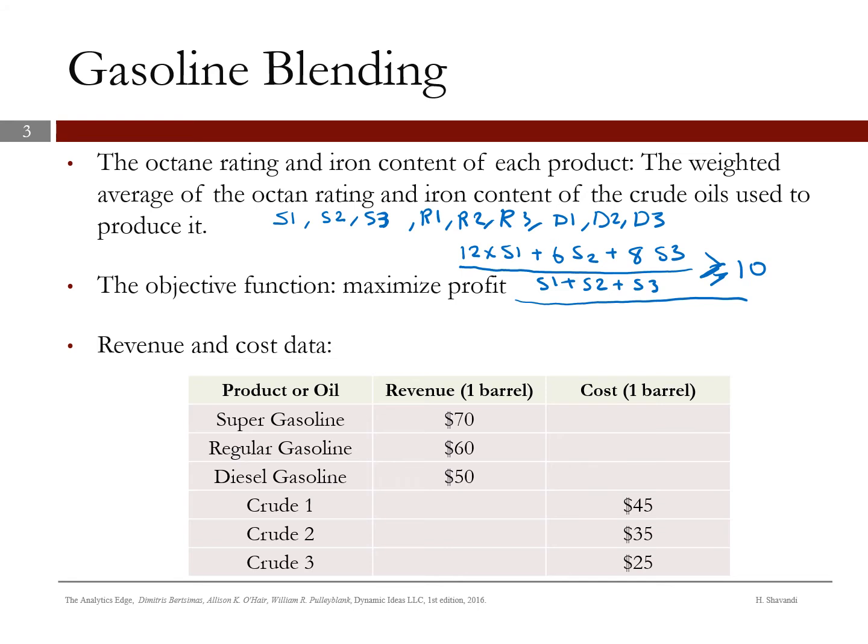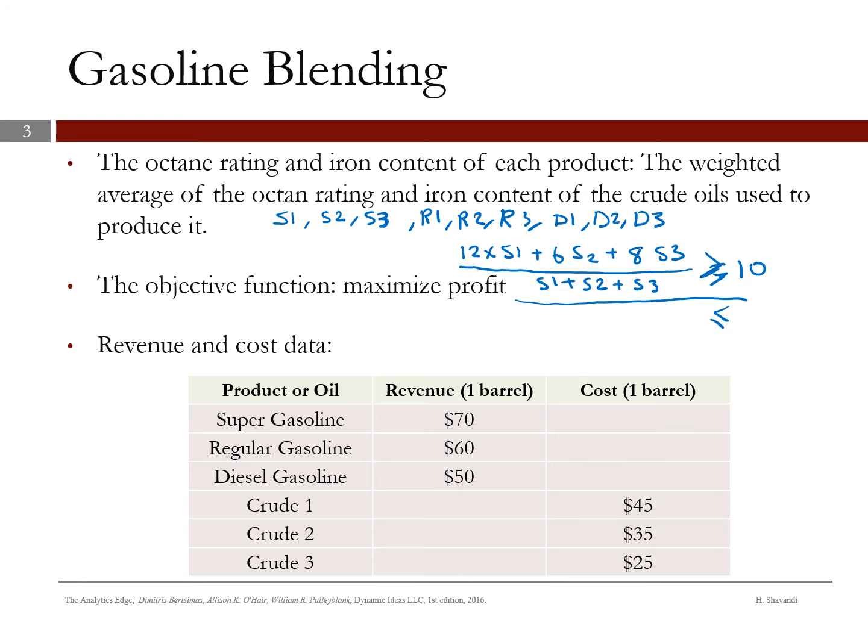But for the iron content, we would have the same, but since over there it says no more than 1 or no more than 2, we would have the inequalities in less than or equal form. Okay, and so those would be our constraints.